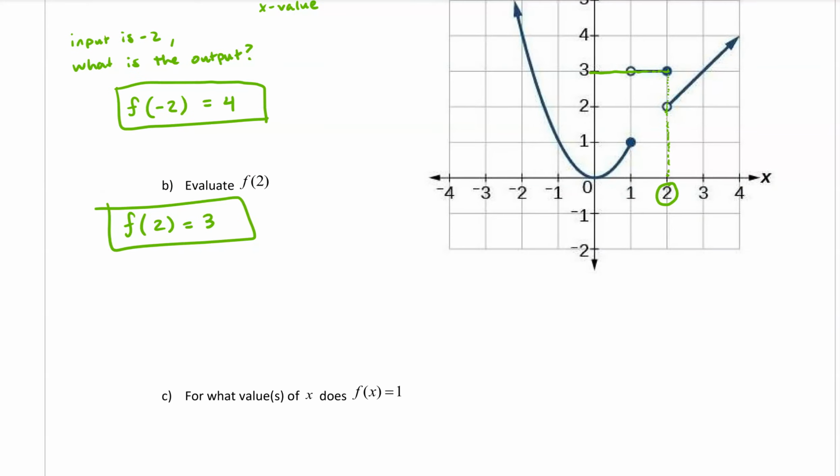Part C says, for what value or values of x does f of x equal 1? So now we are given basically the output value or the y value. And if I highlight that here, notice if I were to draw a horizontal line, that it is crossing the graph at 2 locations.